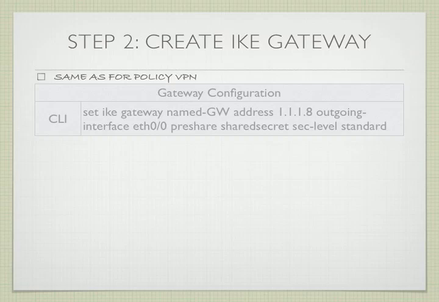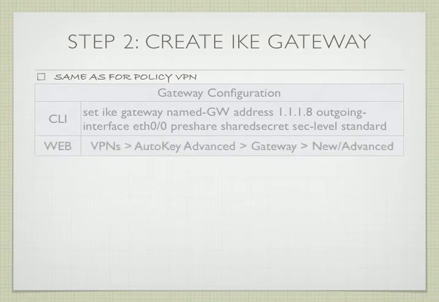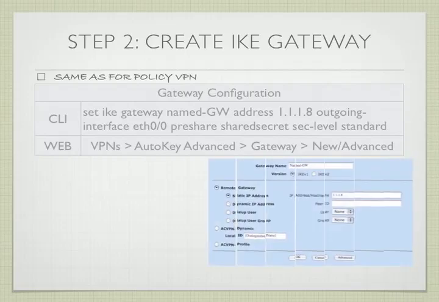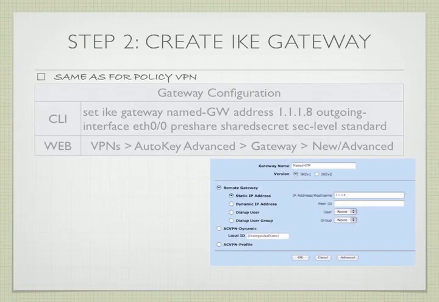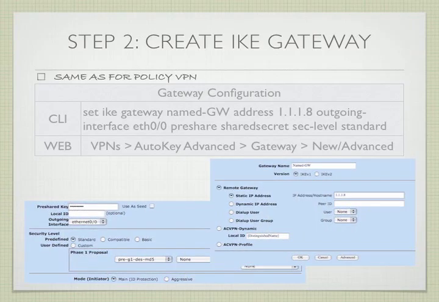Just like in the previous lesson, exactly the same process, exactly the same place on the web. So we create the name of the gateway, the IP address, and we go in and enter the pre-shared key and choose our proposal security level or the customized one.